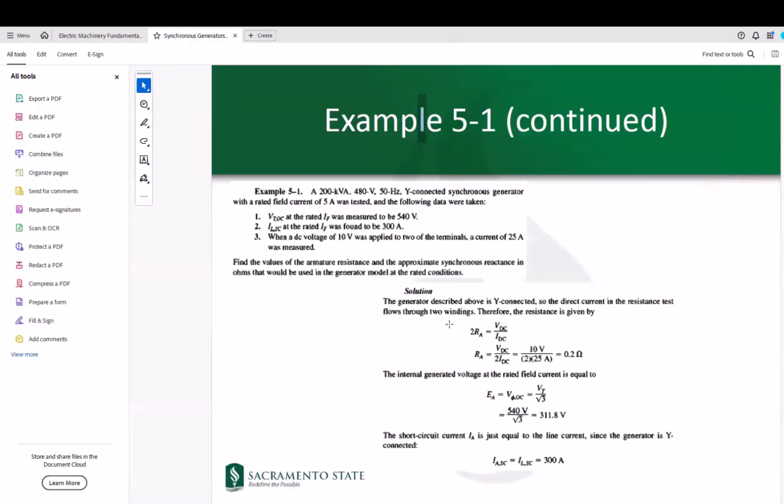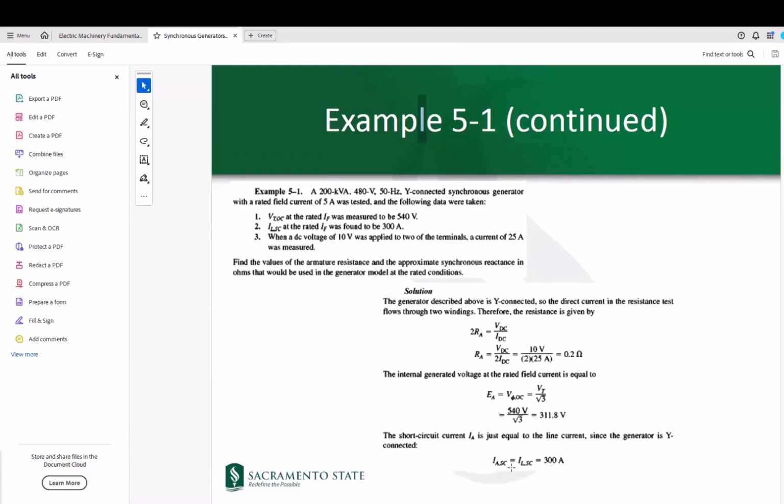Since we are Y-connected, we can measure our RA to be 0.2. And at the same IFs, we found 540 and 300. Since the machine is Y-connected, this 540 needs to be divided by the square root of 3 to find the open circuit phase voltage, which is 311.8.